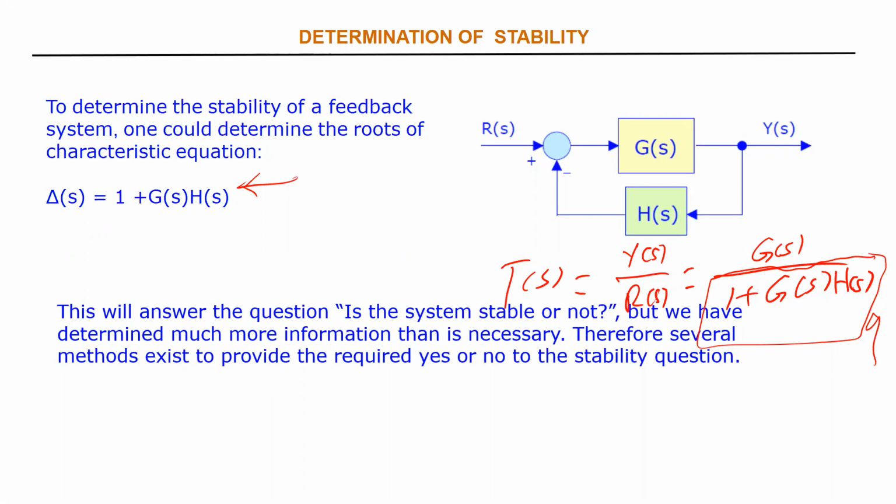What we are going to do in Routh-Hurwitz, in Bode, in Nyquist, we will give certain conditions and certain conclusions from the characteristic equation without finding the exact roots. We don't find the roots. We can answer whether the system is stable or unstable based on the characteristic equation without solving the characteristic equation.